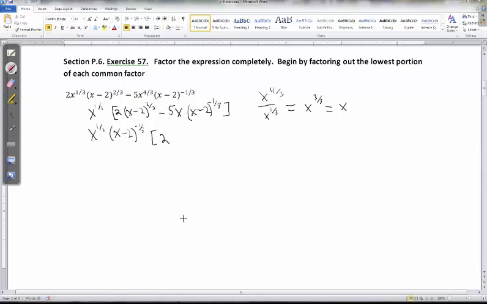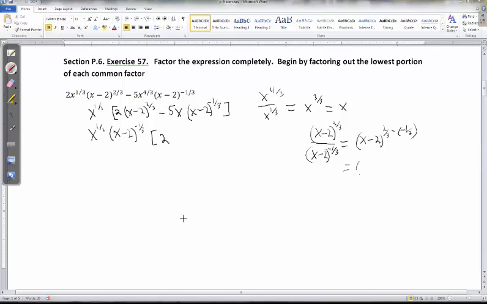We will still have the 2, and if you look at x minus 2 to the 2/3 and divide by x minus 2 to the negative 1/3, if I subtract negative 1/3 from 2/3, that'll be the same thing as adding 1/3.